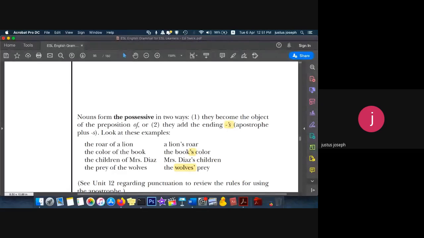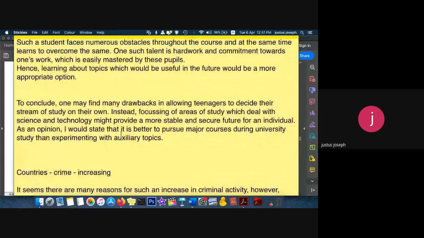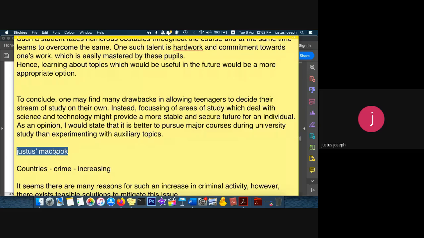Okay, so just to give you an example, let's talk about my MacBook.